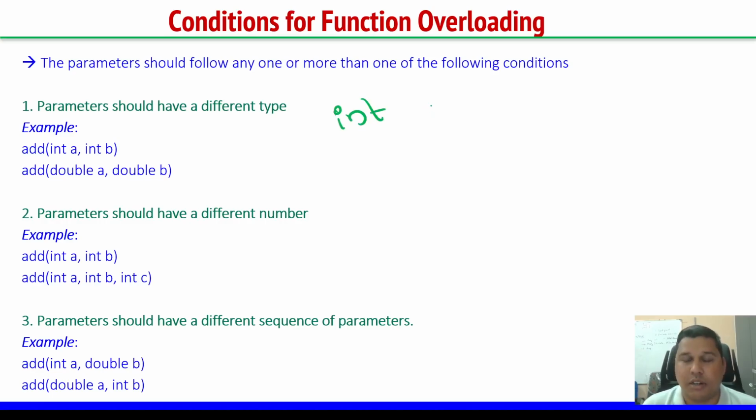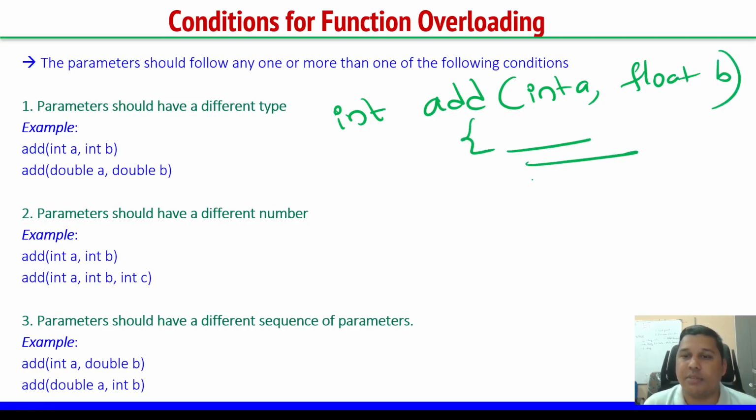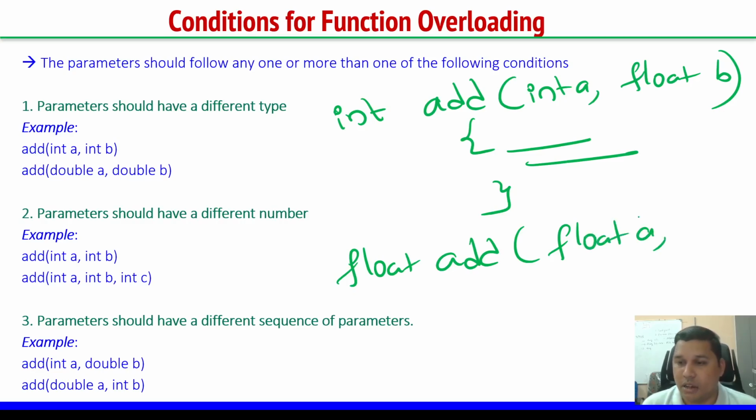Int add with int a comma float b, I have some set of statements. Then I have float add with float a, float b comma int a, for example.